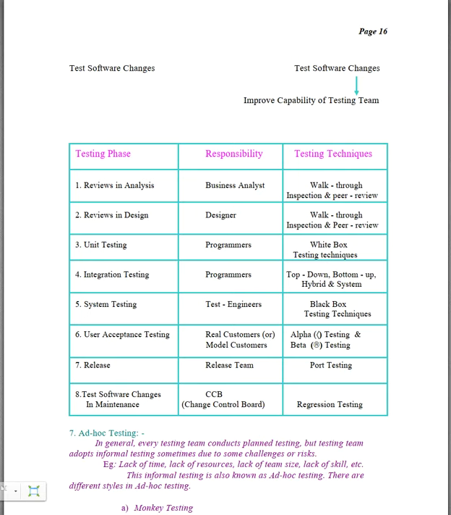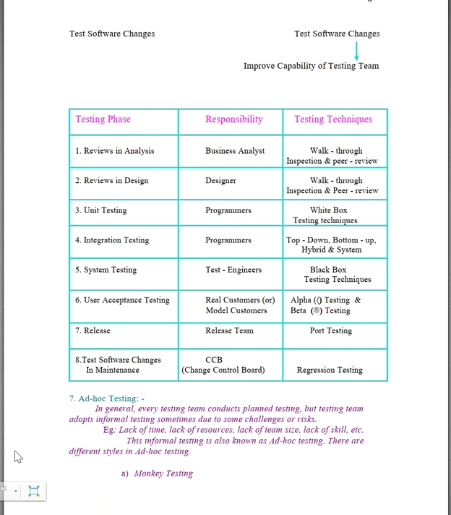Integration testing is by programmers: top down, bottom up, hybrid, etc. System testing is by test engineers, black box testing. User acceptance is by real customers or model customers, so we have alpha testing and beta testing. For release, we have the release team which does the port testing, and for software changes in maintenance, we have the change control board, and that is the regression testing.